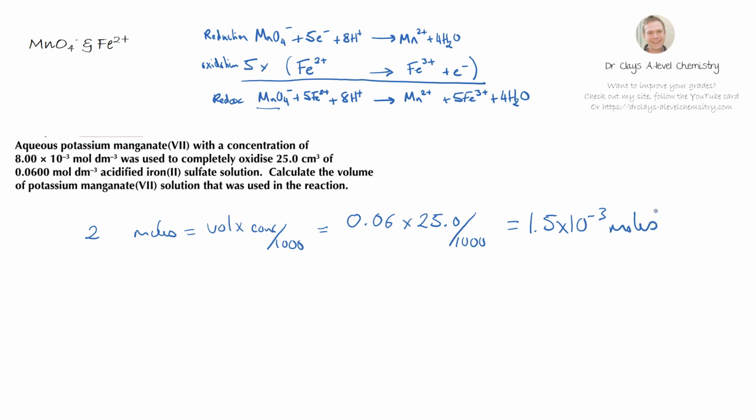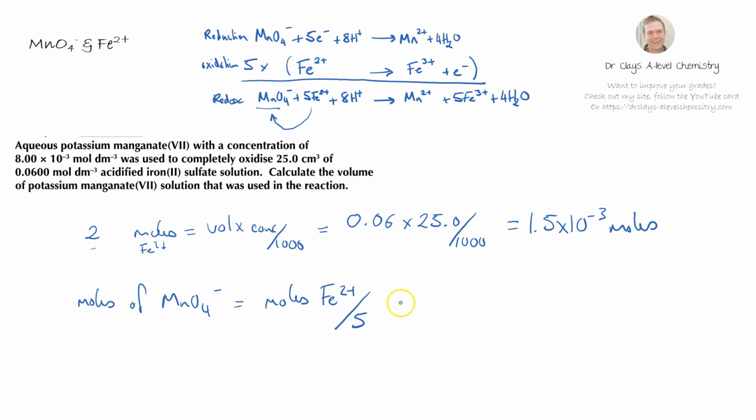Now this is normally the difficult step in the sense that we've got the moles of Fe2+, and we're now interested in finding out the moles of MnO4-, and so the next step here really is to work out the moles, I should have said of Fe2+ here, moles of MnO4- is going to be equal to the moles of Fe2+ divided by 5, because there's a 1:5 ratio.